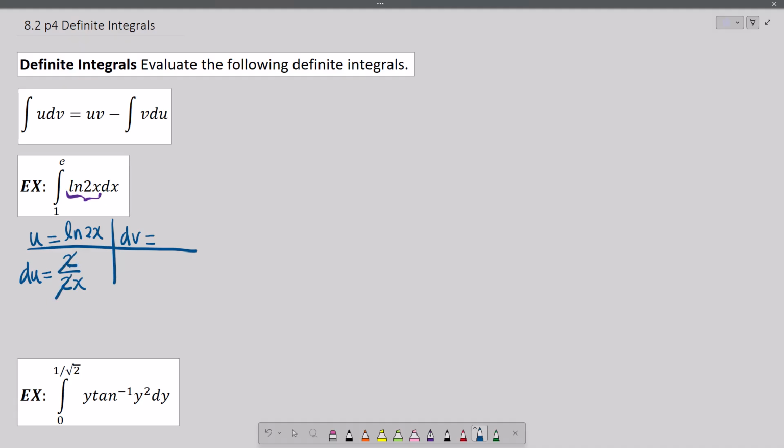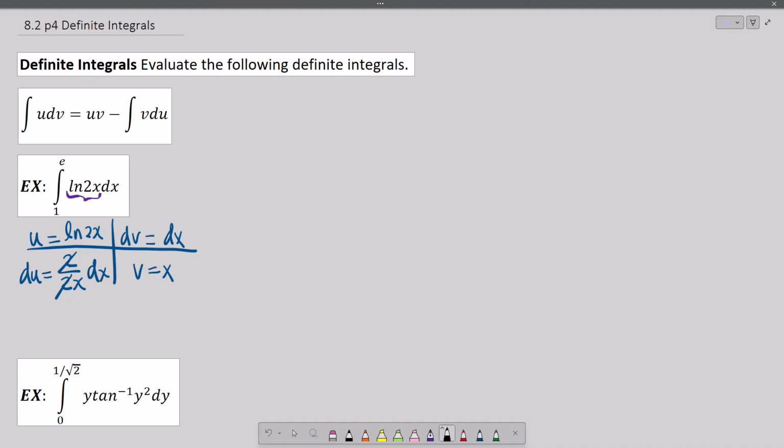So you end up with 1 over x. So observation: if you're taking the derivative of natural log of nx, the derivative would still be just 1 over x. And then we're letting dv be dx, so the integral will give v equals x.